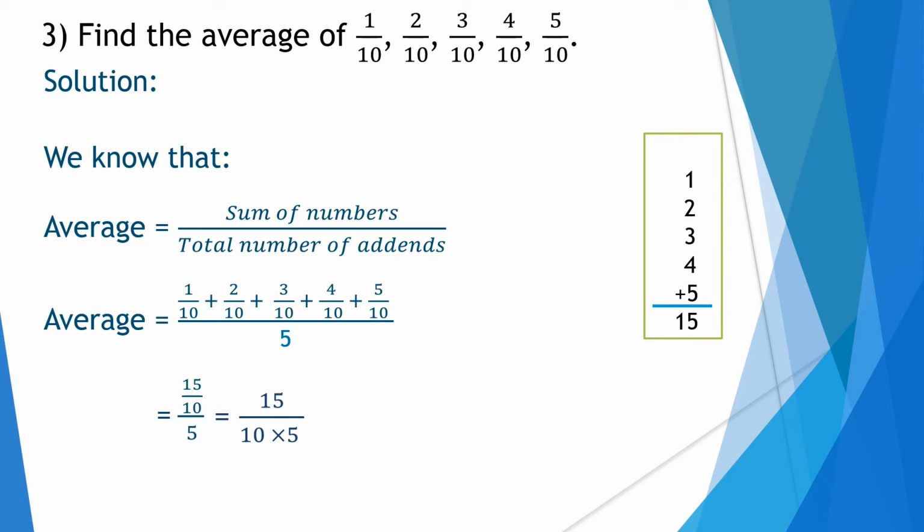So write 15 in numerator and write 10 multiplied by 5 in denominator. Now simplify. 15 and 5 both are divisible by 5. So divide. 5 3s are 15 and 5 1s are 5. Now we get 3 upon 10, which is not divisible by any other same number. That means it is in the lowest term. So average is equal to 3 upon 10.